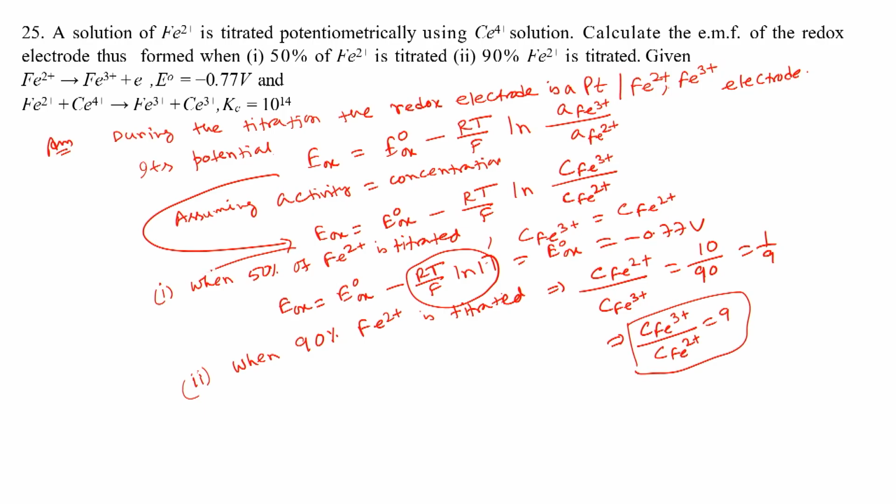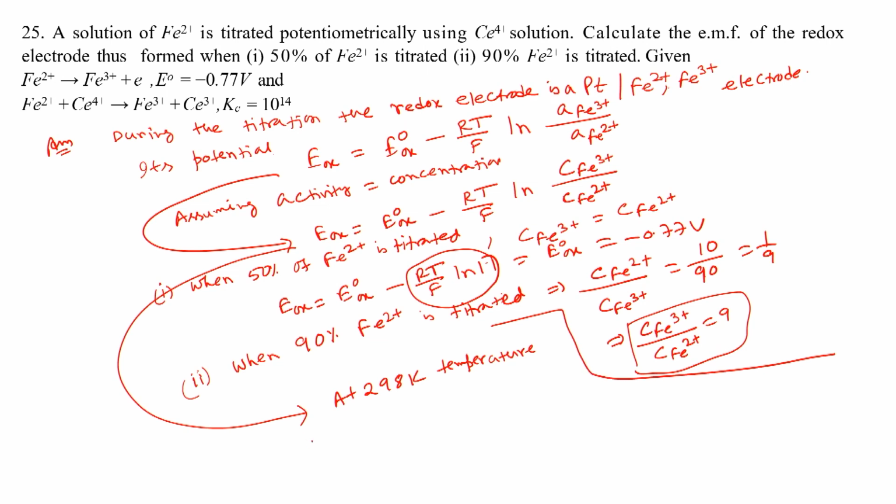Now, we use this expression, we will put those values. So, at 298 K temperature, E_OX will be E naught OX minus RT by F gives 0.06 log 9, right.